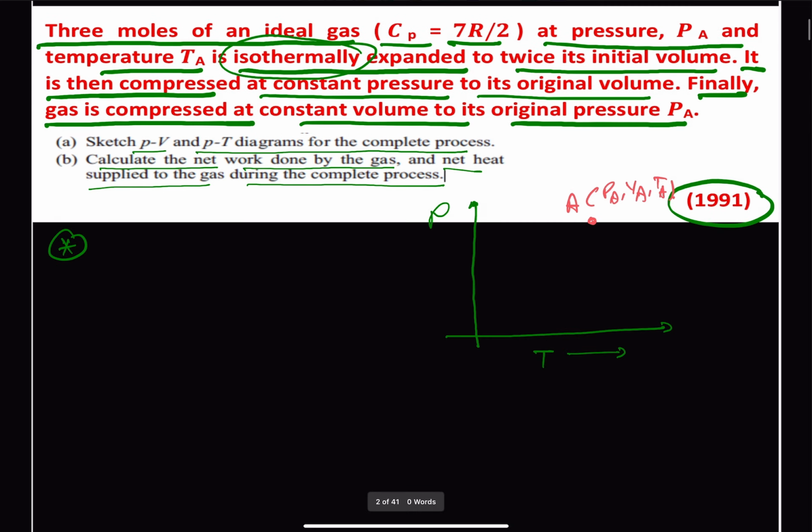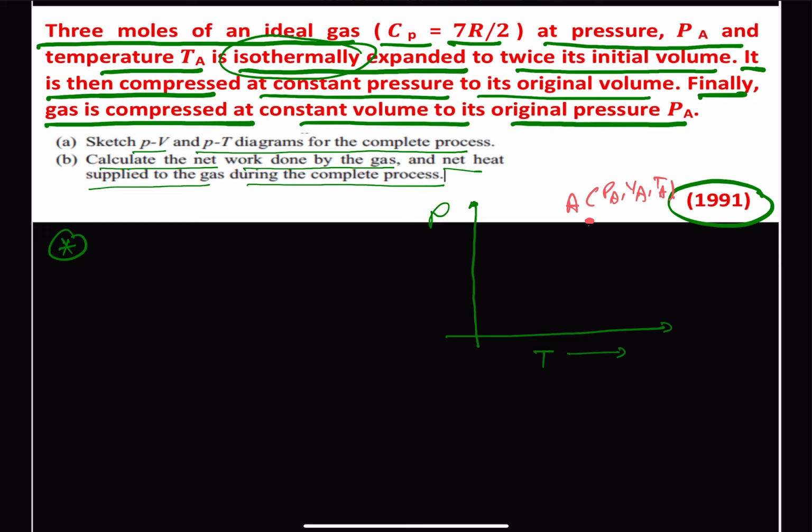And it says that it is expanded isothermally so that it becomes twice the initial volume. Okay, and it is isothermal. So we can plot the isothermal.